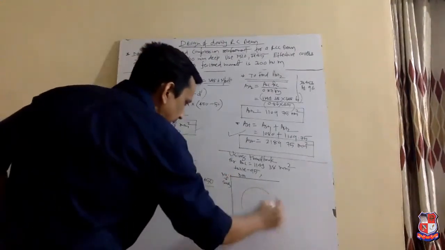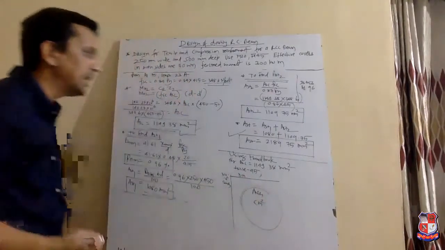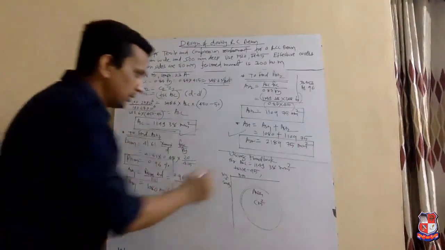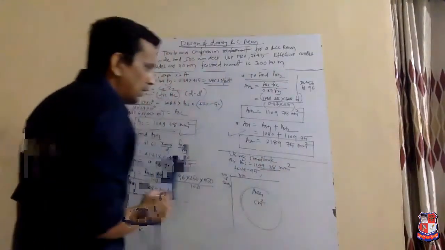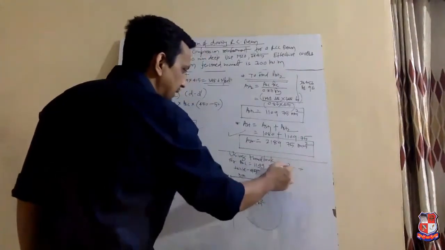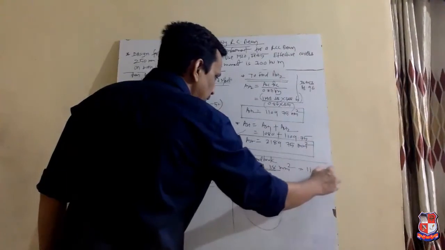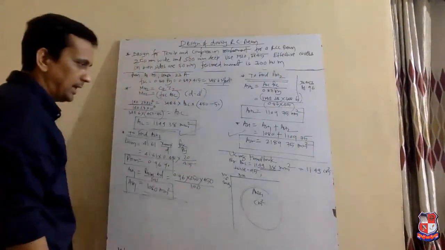And in this area, they have given area in centimeter square. Our area is in mm square, so let's first convert this to centimeter square. So it becomes 11.49 centimeter square, right?